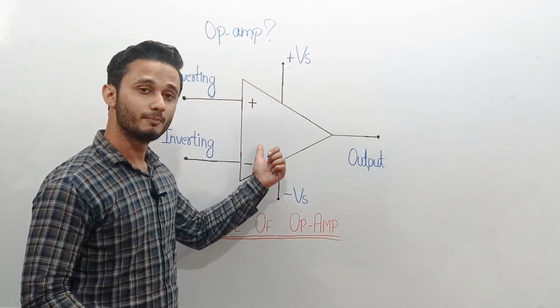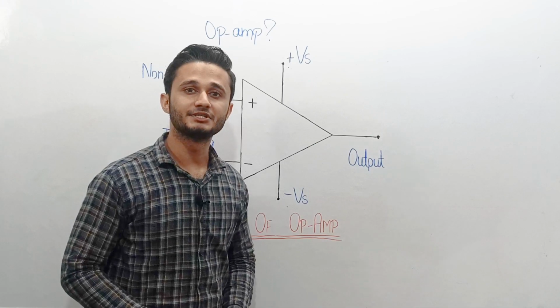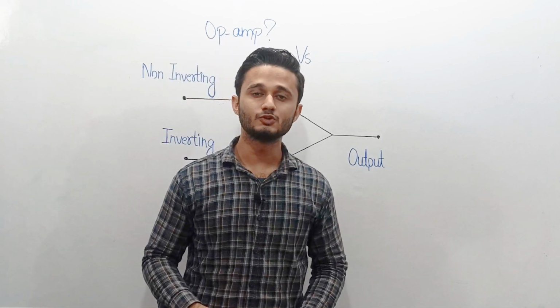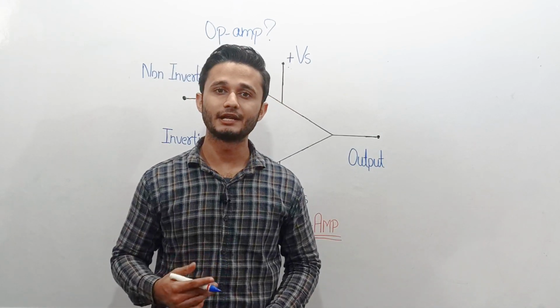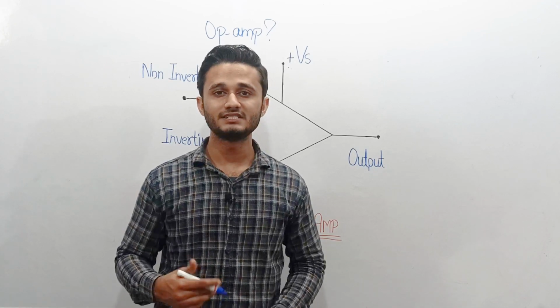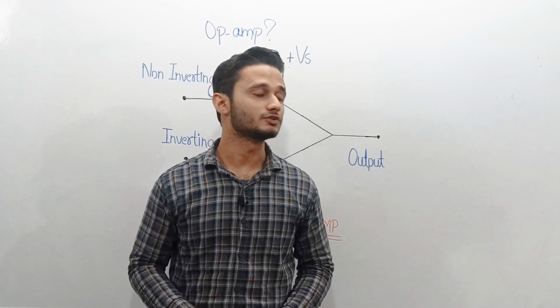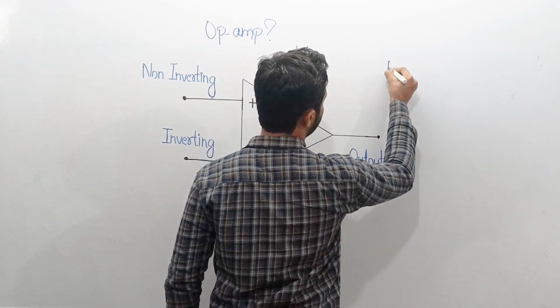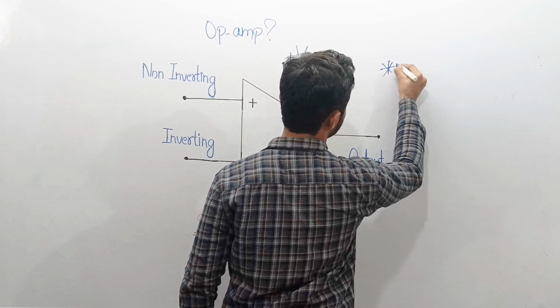This guy, op-amp, has a number of applications in analog electronics. It is used in active filters, in digital to analog converters, in analog to digital converters, and so on. We will see all those applications in the upcoming videos. Let me write down the important part here.